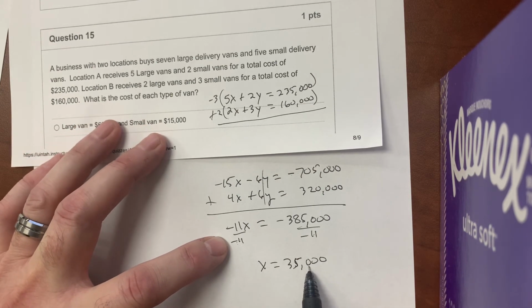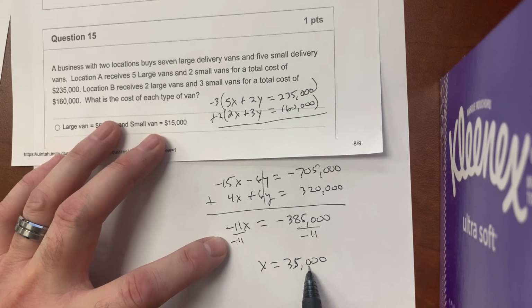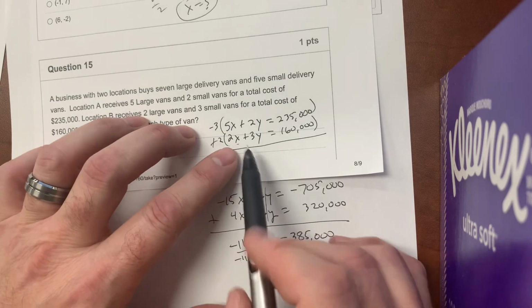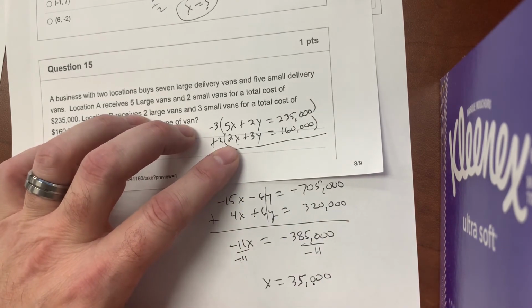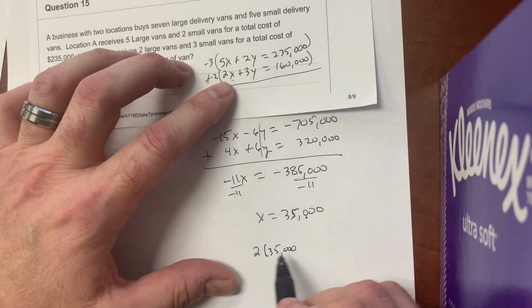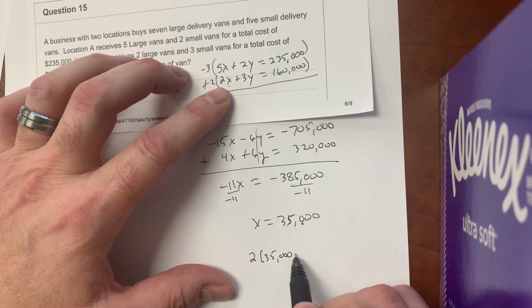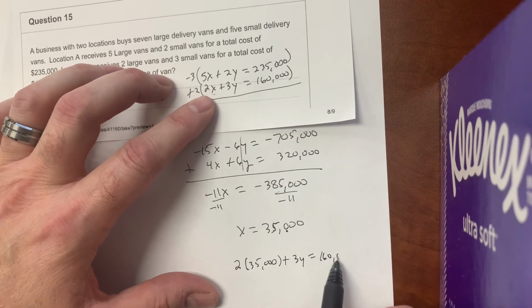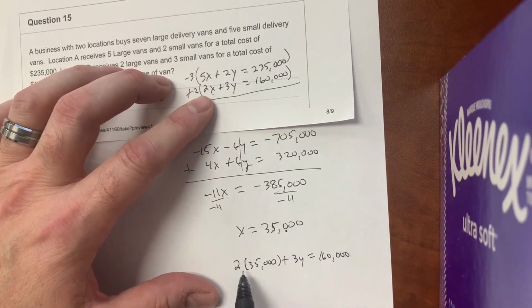Once I get that 35,000, I can actually plug that back in. I could go right back to one of these originals up here, and I could say, well, it's 2 times 35,000 plus 3y equals 160,000. And then 2 times 35,000 is 70,000.